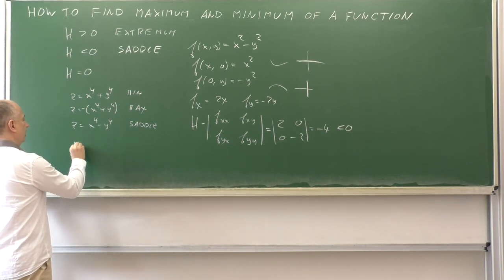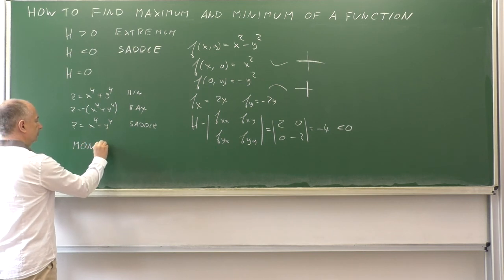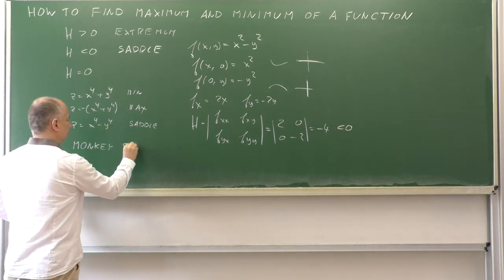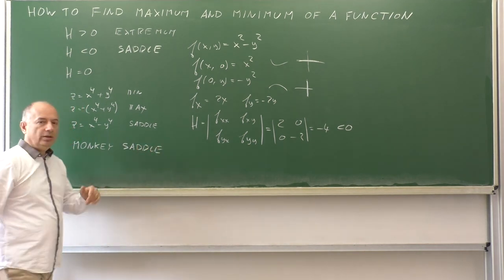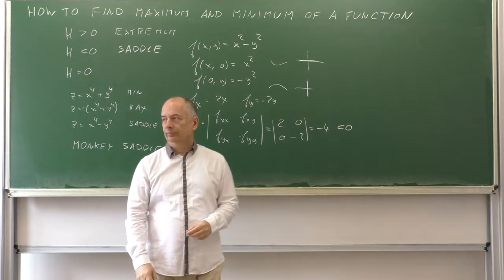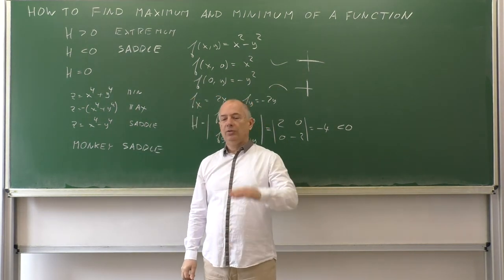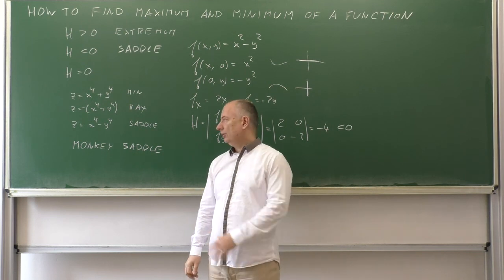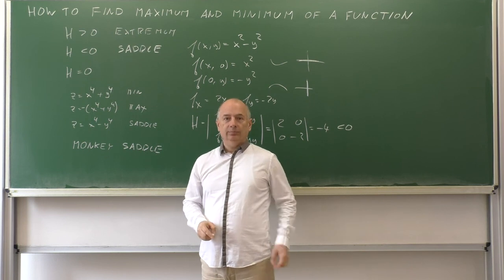One of them, what I like most, is the monkey saddle. You can open Wikipedia and find the monkey saddle. You have the formula of the function, you have a nice picture, the graph of the function, because the monkey has 2 legs and a tail.